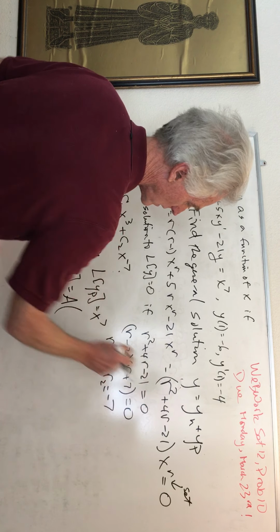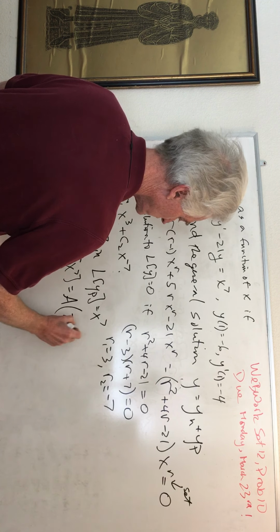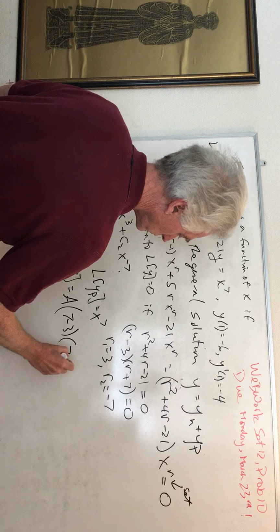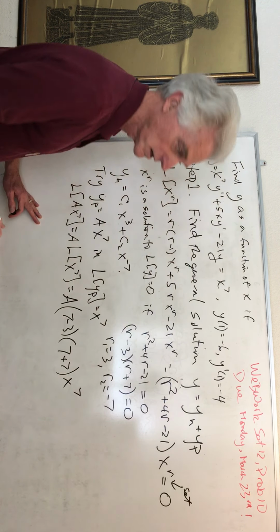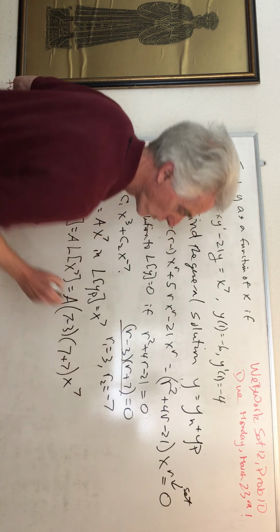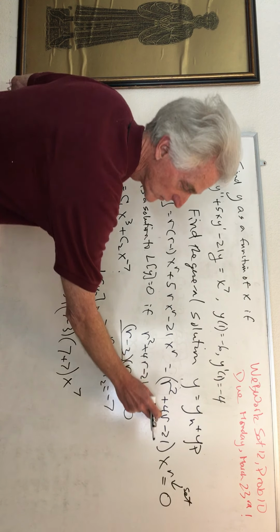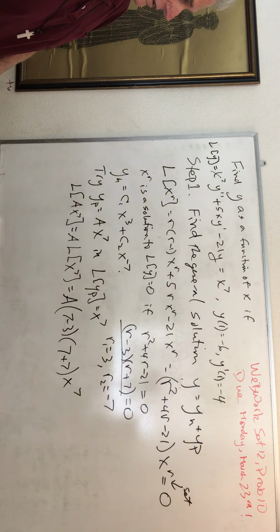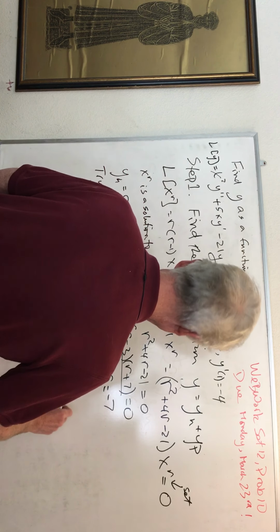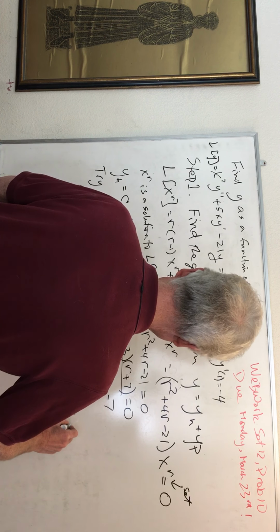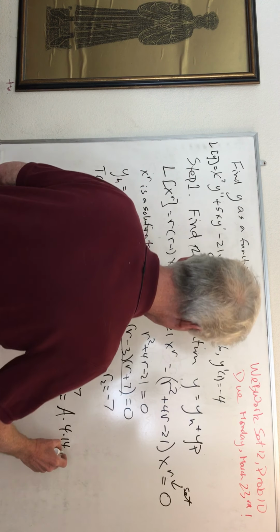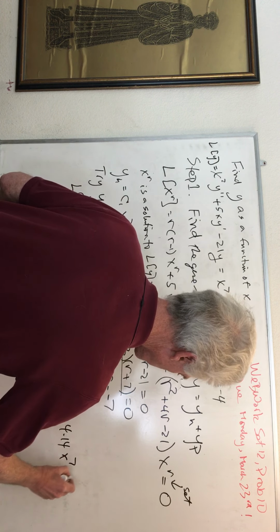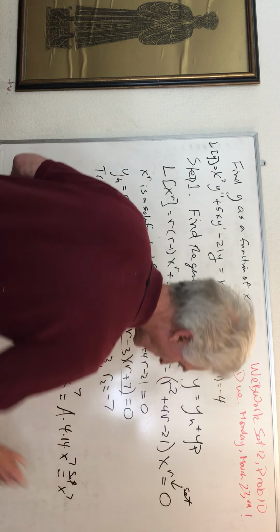Okay, I get 7 minus 3 times 7 plus 7 x to the 7th, right? I'm using this form of that r squared. So this is equal to a times 4 times 14 x to the 7th, and I'm going to set that equal to x to the 7th.